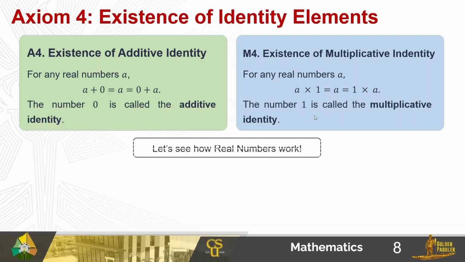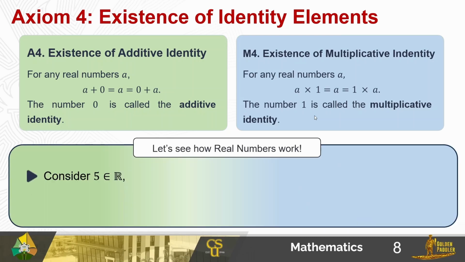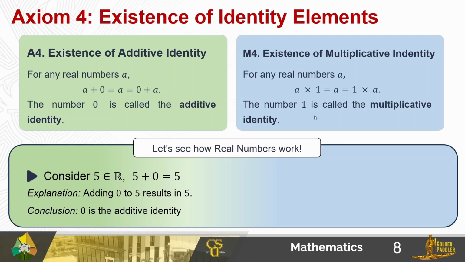Now let's see how it works. Consider a real number 5. If we add 0 to 5, it will give us 5. Thus, if we add 0, it doesn't give us another result, but it gives us the same number, implying that 0 is the additive identity. Similarly, consider the real number 6.